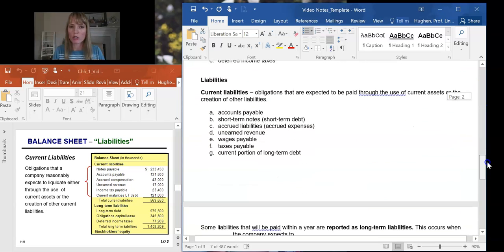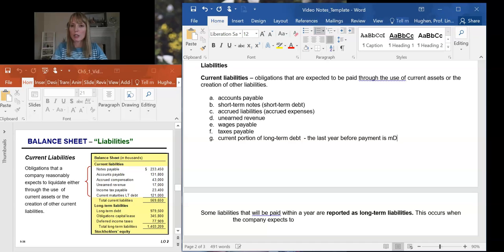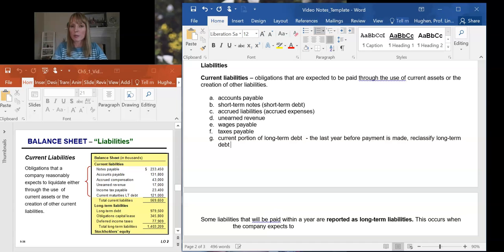Then this is referring to our company's own debt. In that last year, before payment is made, we reclassify long-term debt as short-term, as a current liability.